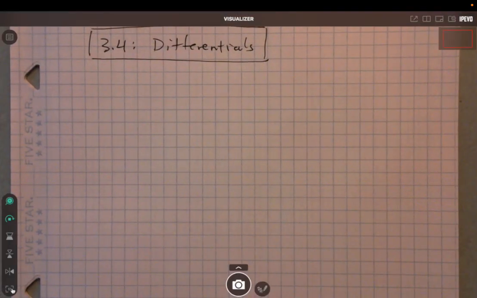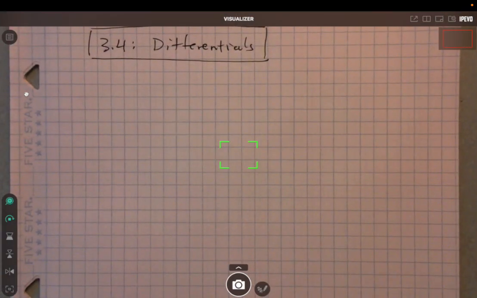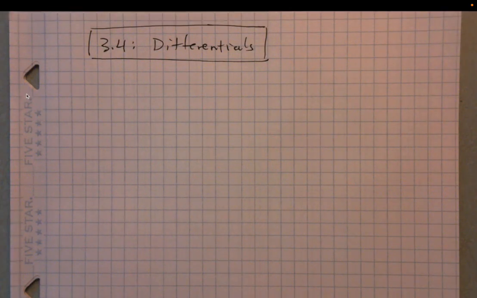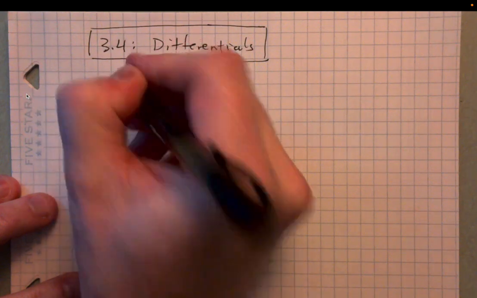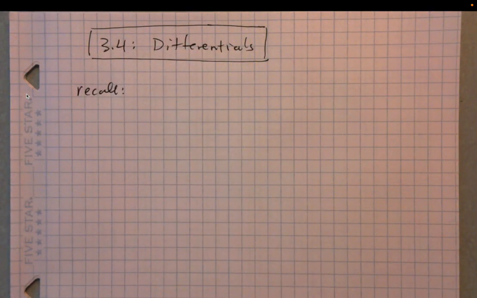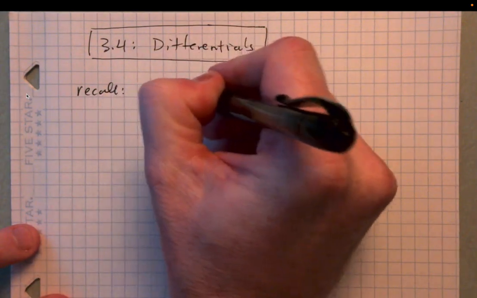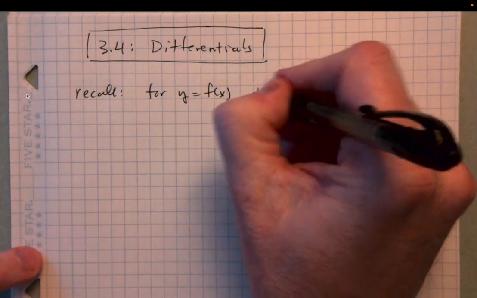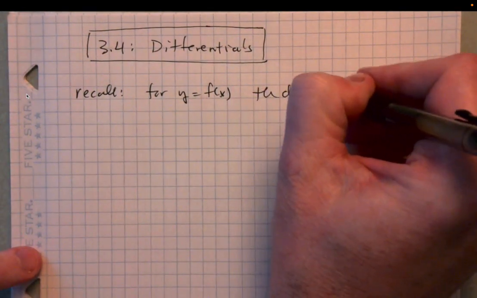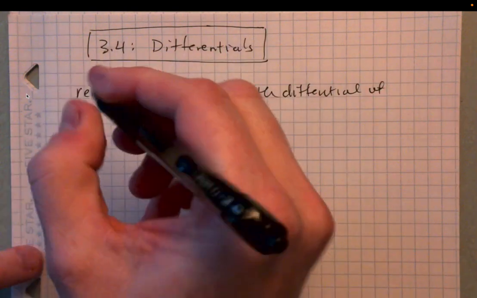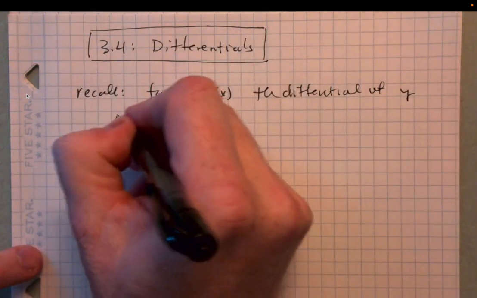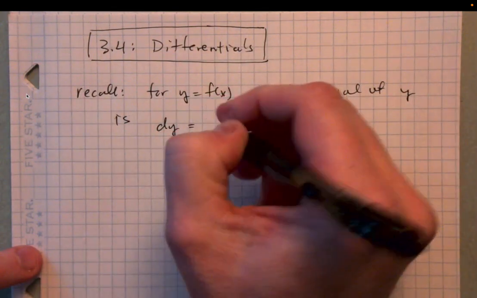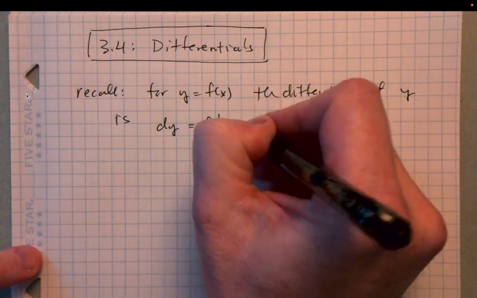So this will be section 3.4, differentials. Okay, so recall from Calculus 1 and 2 that for y equals f of x, a function of a single variable x, the differential of y is dy equals the derivative f prime of x times dx.